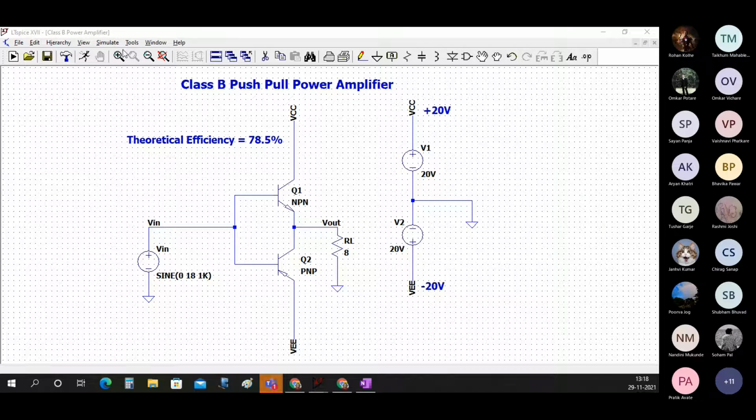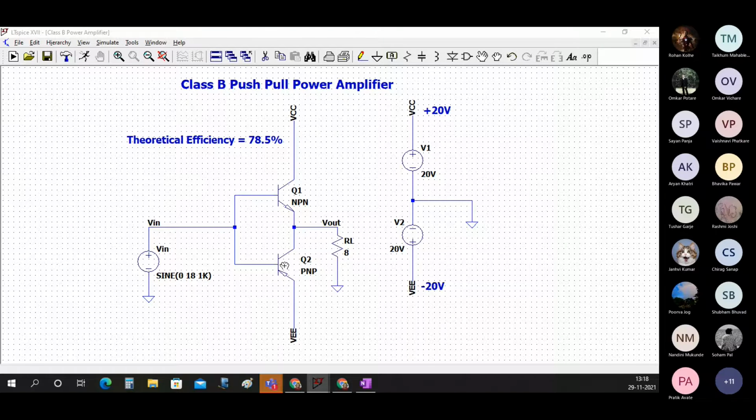It's very interesting to see how this circuit actually works. Okay, Sayan, the output looks good. So at the top we will have an NPN, and here we will have a PNP. Now one small thing I want to tell you is that the bases of these transistors are shorted.